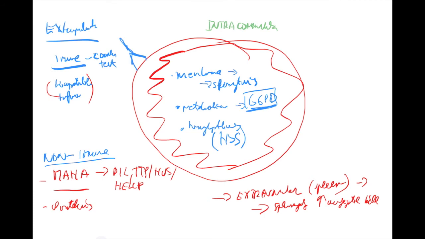But in case of intravascular hemolysis, you're going to have lots of free hemoglobin, and that means you're going to have decreased haptoglobin. That's the one which catches the hemoglobin.